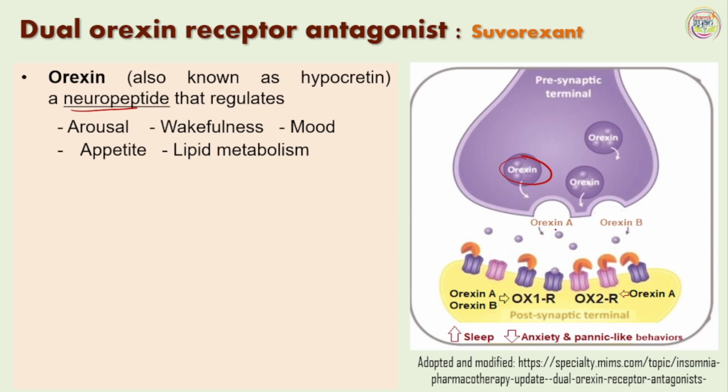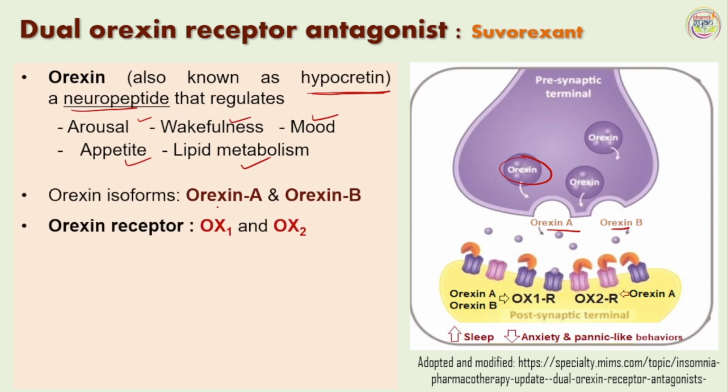There are two isoforms, orexin A and orexin B. Orexin, also known as hypocretin, plays an important role in regulation of arousal, wakefulness, mood, appetite, and lipid metabolism.